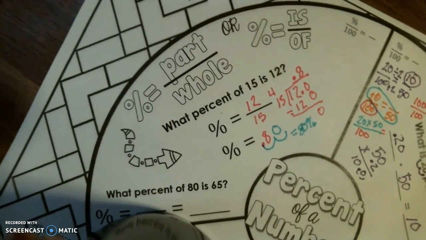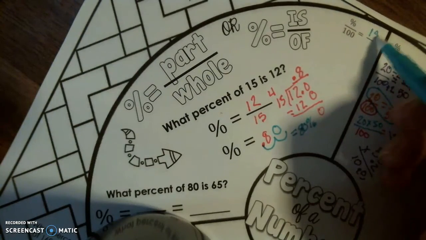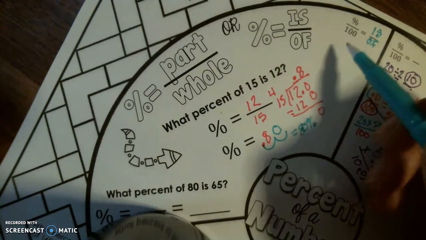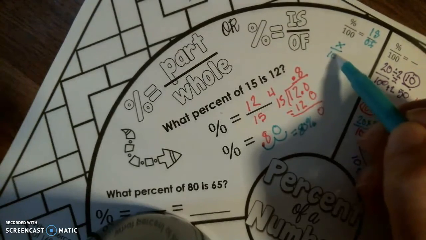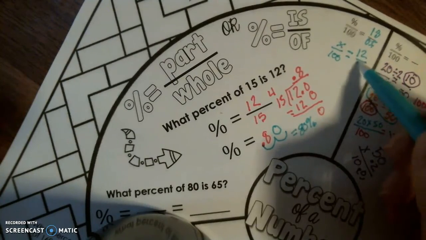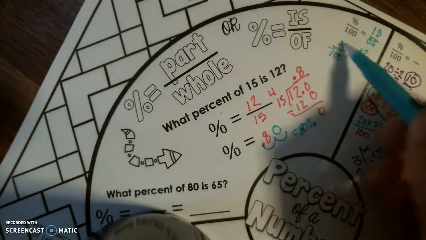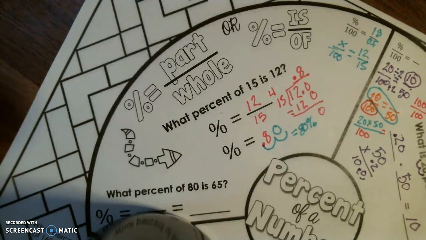Or another way we can do it is to set it up like equivalent fractions. So we want to know what percent out of 100 equals 12 out of 15. So once again, we don't have a nice number that we can make an equivalent fraction, so we're going to use the cross products.